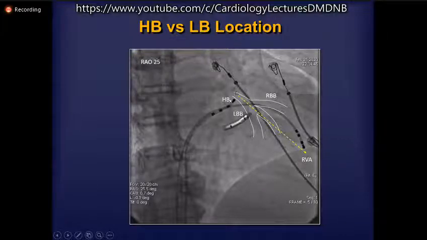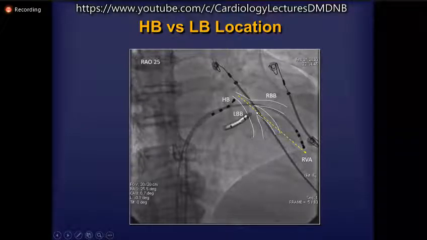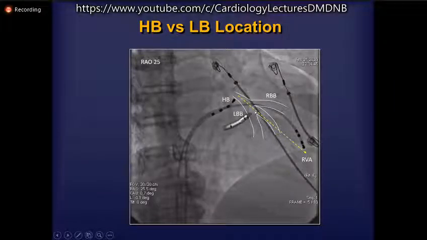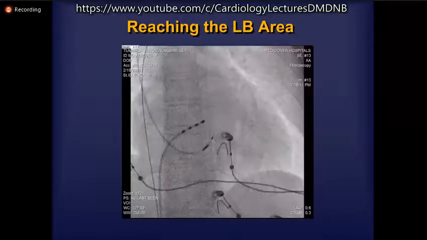Now, what you do essentially for left bundle pacing is that you have an imaginary line connecting the tip of your His bundle position to the RV apex, and then you go a couple of centimeters inferiorly and slightly more ventricular, and then you are penetrating the interventricular septum at this particular place in order to try and capture the left bundle.